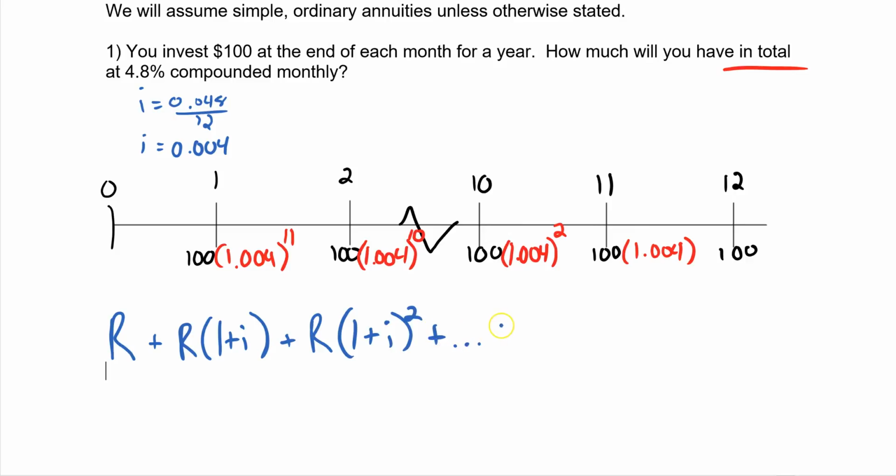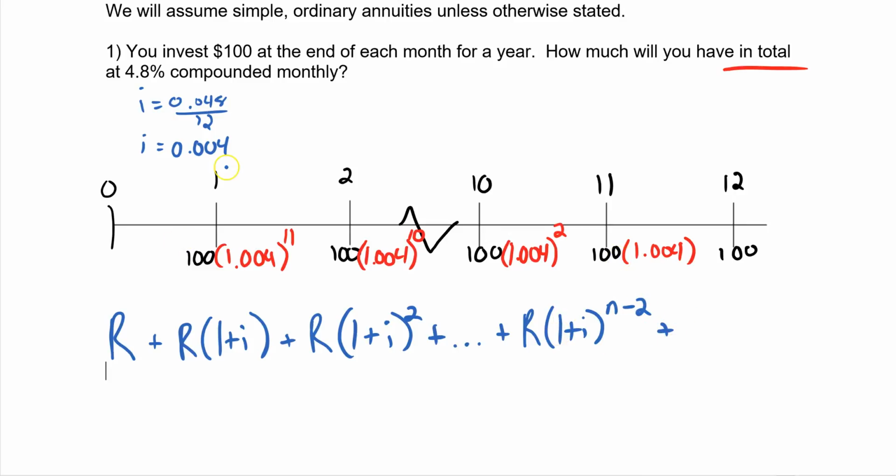Now, it will go on and on like this until we get to a certain point. The second last payment was earning interest for, if you take a look, we have 10 as our exponent here, but there were 12 months in the year. So that (1 + i) will have an exponent of n minus 2, because it receives interest for 2 less months than the number of months in total.